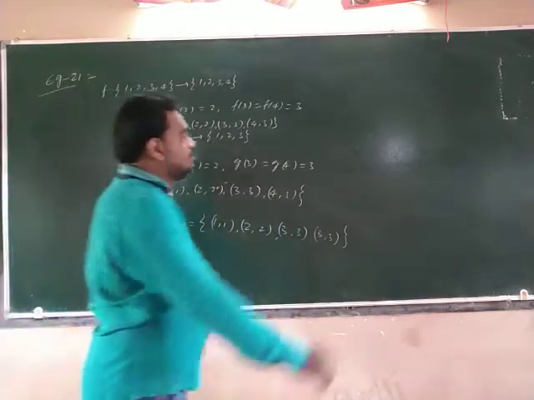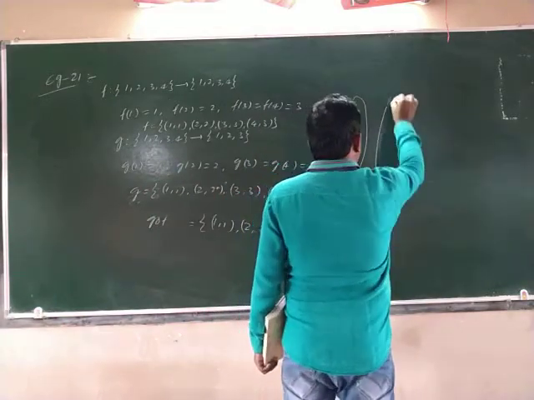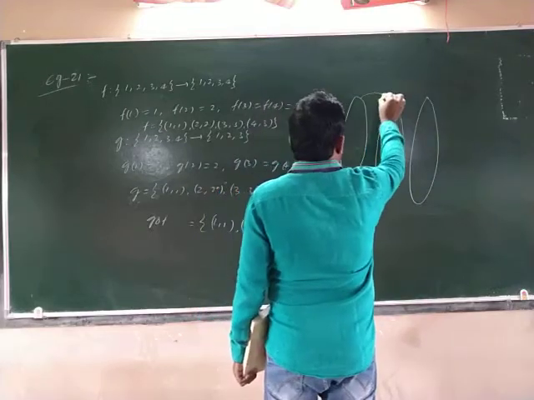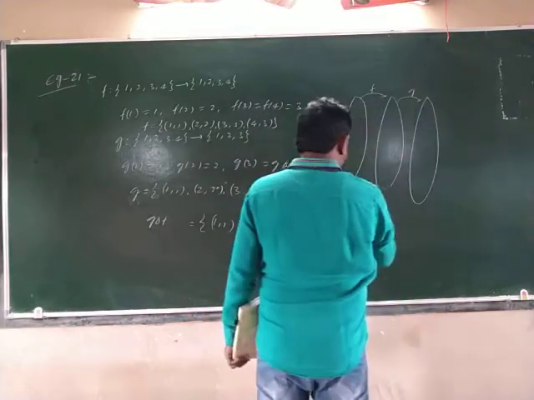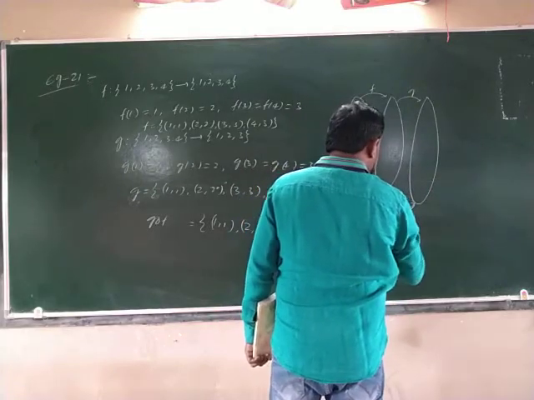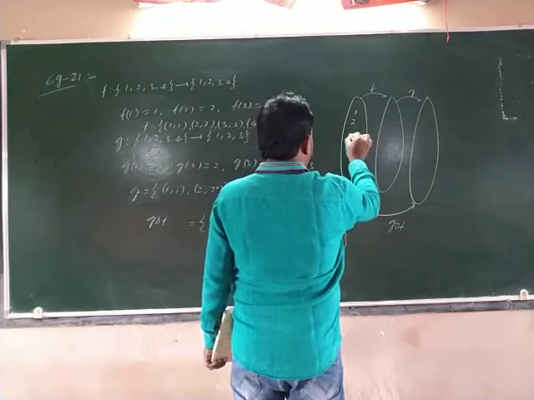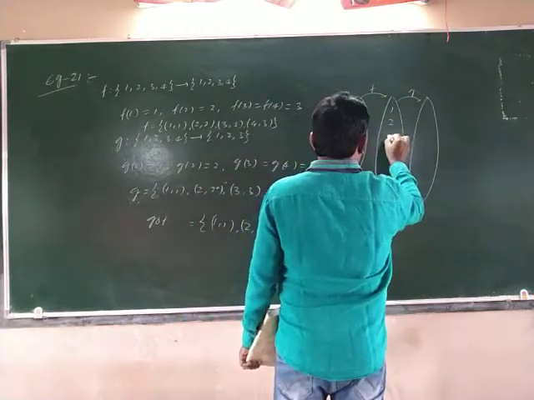Now let us go to the arrow diagram. This is F, this is G, and this is G circle F. Here we have 1, 2, 3, 4, and 1, 2, 3.